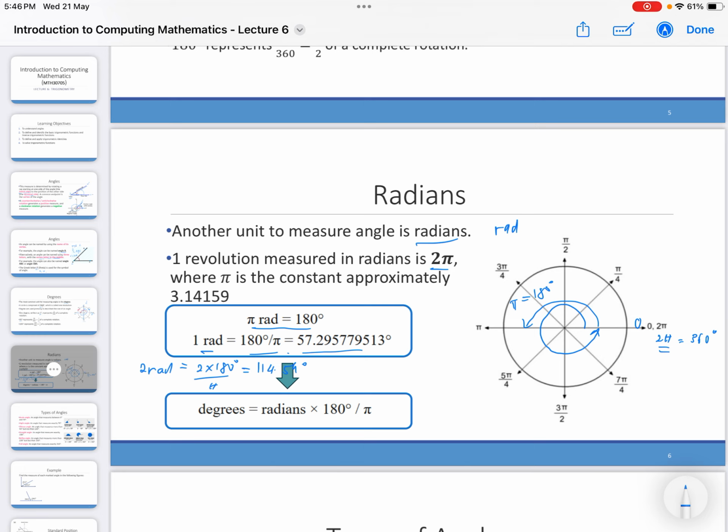From here we get the general rule. Let's say we have a value in radians and we want to find the value in degrees. It equals the radian value times 180 degrees divided by pi, like the one I showed you. So we have 2 radians, and to get the degrees, it's the radian value times 180 degrees divided by pi.